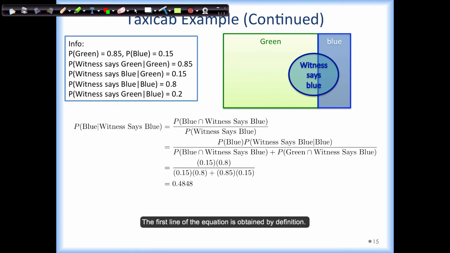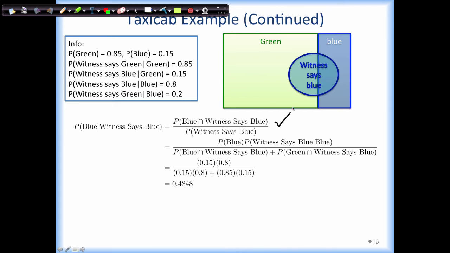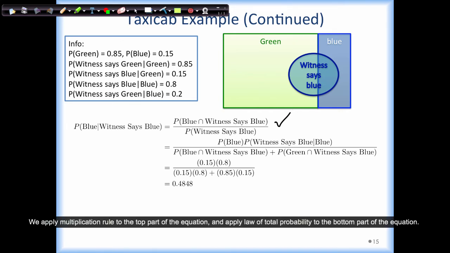The first line of the equation is obtained by definition. We apply multiplication rule to the top part of the equation. And we apply law of total probability to the bottom part of the equation.